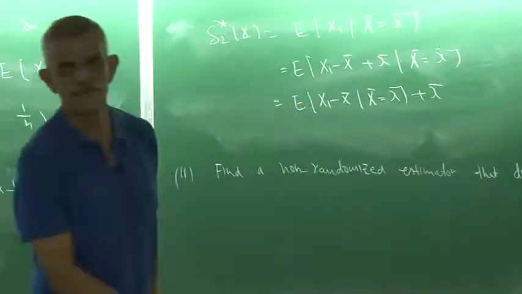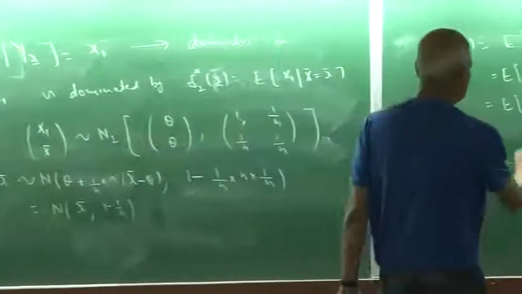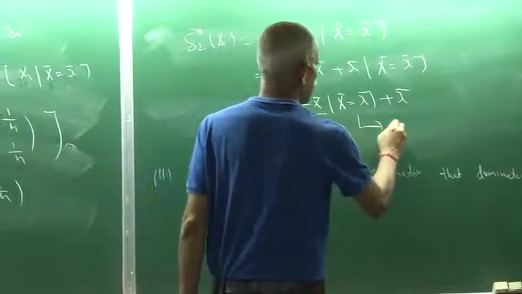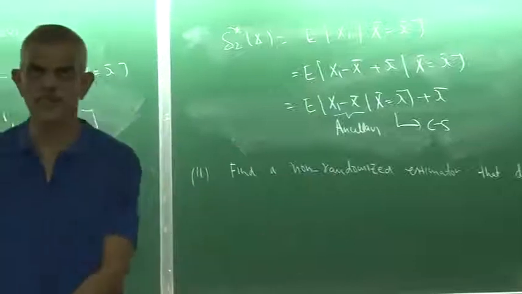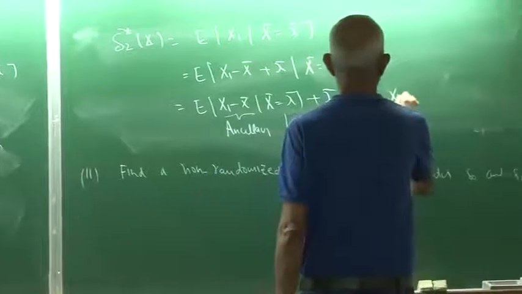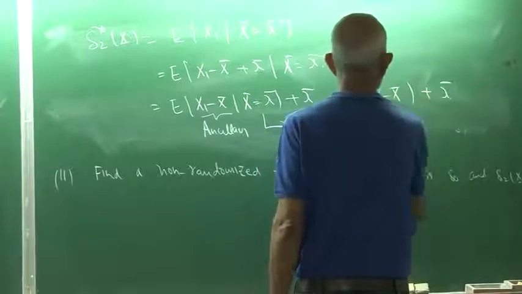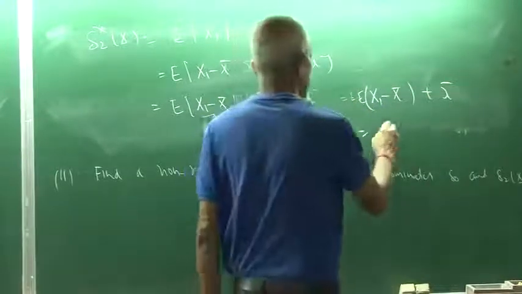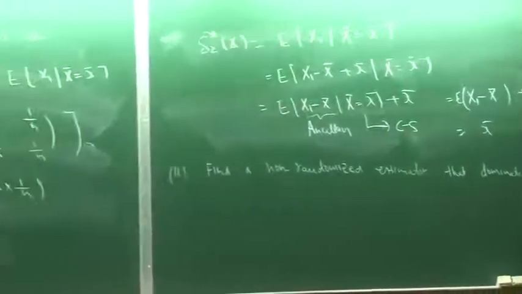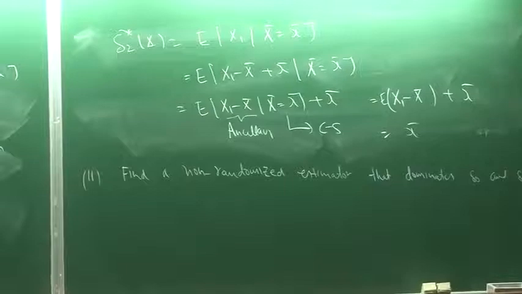Just by the argument I used a few moments back, x1 minus x bar is ancillary and x bar is complete sufficient. So by Basu's theorem, the two are independent, so the conditional expectation is the same as the unconditional one. So this is the same as the expected value of x1 minus x bar, plus x bar. The expected value of x1 minus x bar is 0, so this is the same as x bar. So this is one example where we saw applications of the theory which we did.